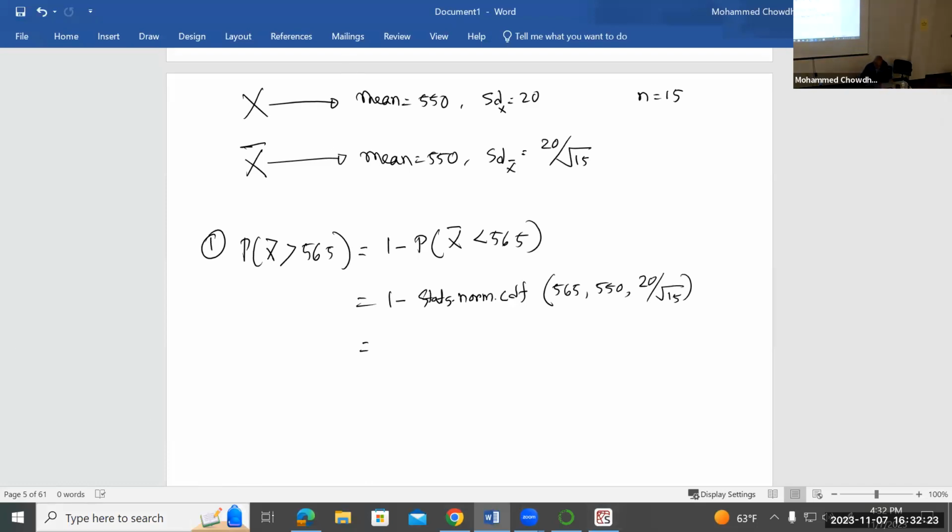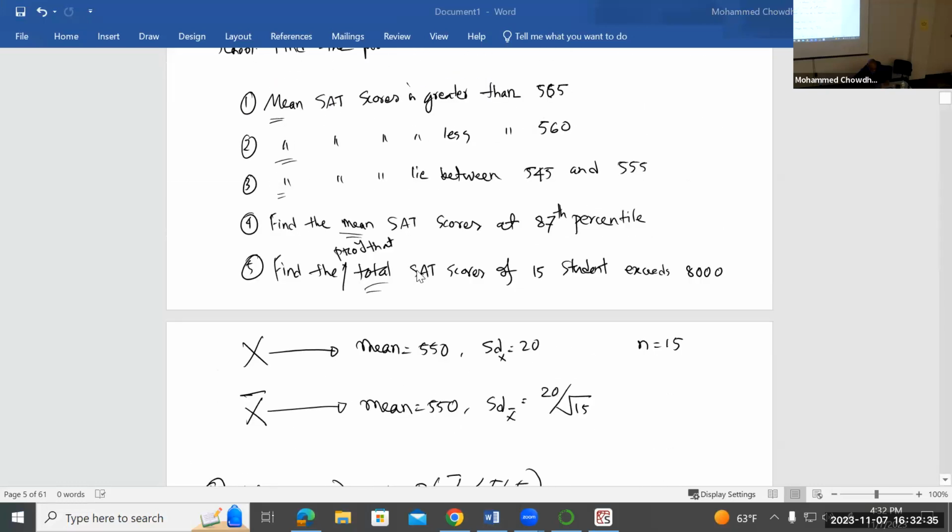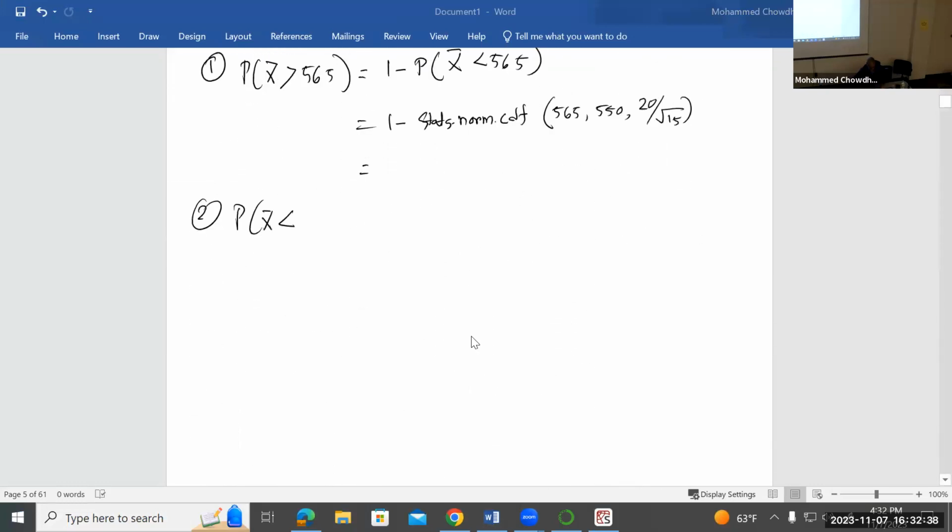So now the next one. Probability of X bar is less than 560.